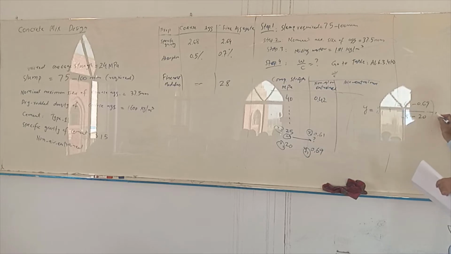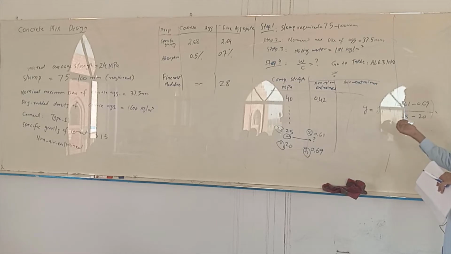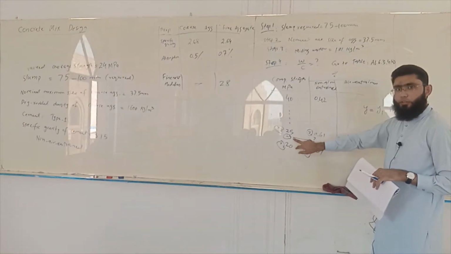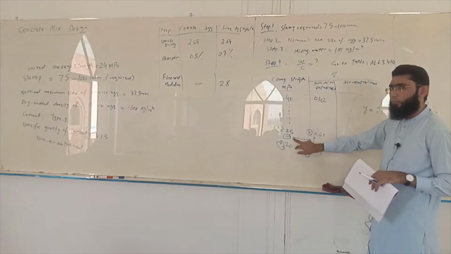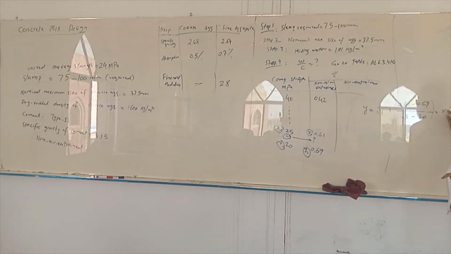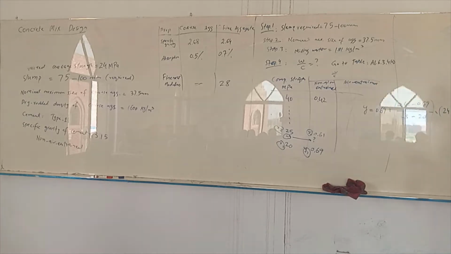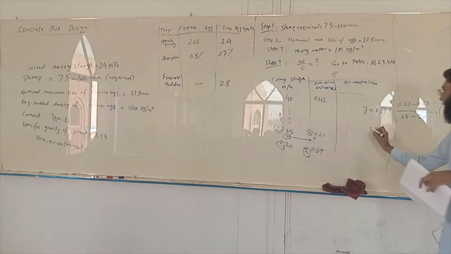This is the slope times the distance, so how far have you gone? So it is X minus X1, which will be 24 minus 20. Y1 is, I'm sorry, 0.69. Can you please calculate? This is going to be something negative. 0.626 overall.